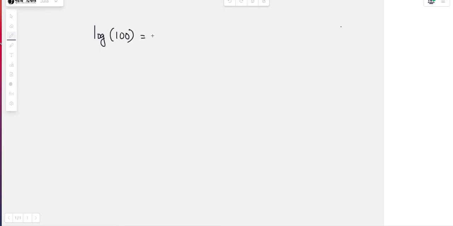And what would log of 100, and therefore log base 10 of 100, be? That's right. So what is log base 10 of 100? Exactly, because the question would be 10 to the what power is equal to 100, and that'd be 2. Good. I just wanted to get this out of the way.